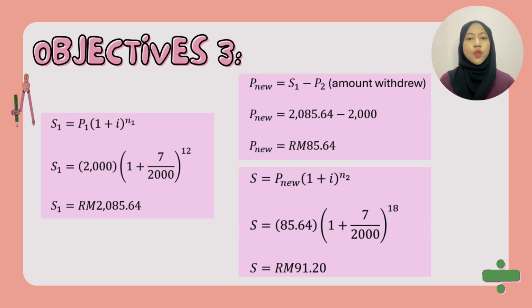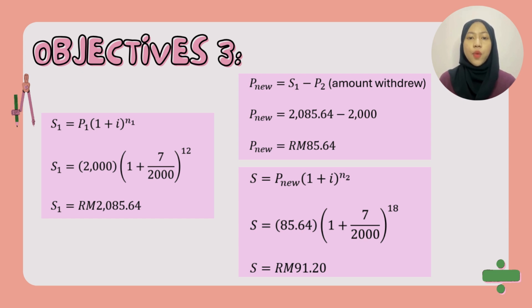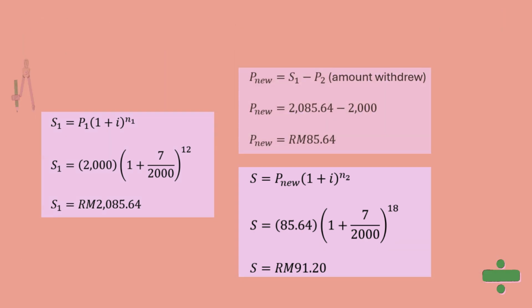P new equals 2018.64 minus 2000. So, the answer for P new is RM18.64. S equals P new times (1 plus i) to the power of N2. S equals 18.64 times (1 plus 7 divided by 2000) to the power of 18. So, S equals RM19.11.